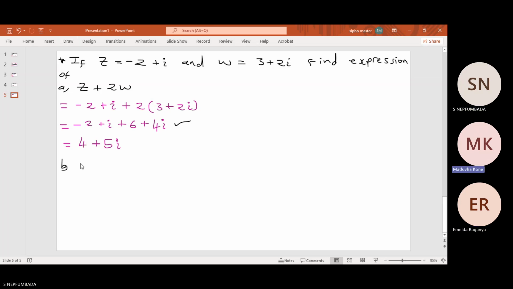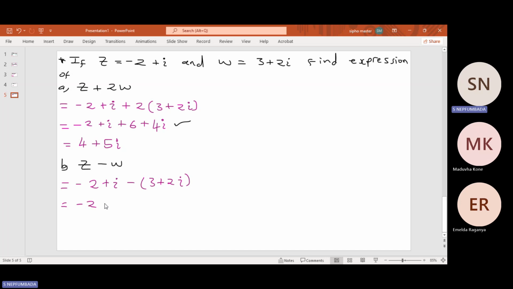Yes. They say now let's find z minus w. We did this for subtraction. Is that so? This is minus 2 plus i minus our w, which is 3 plus 2i. Then we remove the bracket.